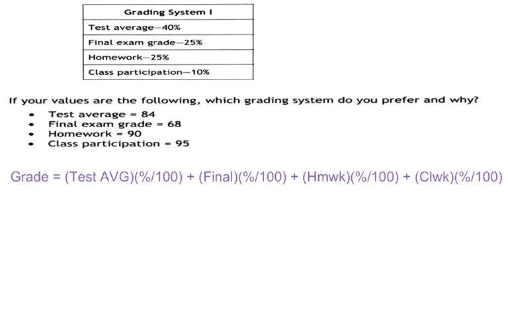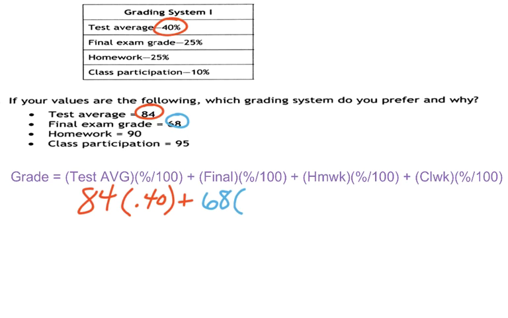So let's go. Our test average is given to us, it's 84. So we're going to take 84 times our test average percent is 40%. Well, 40 divided by 100 is 0.40. We're going to add to that our final exam grade of 68 times our percent divided by 100. 25% divided by 100 is 0.25.